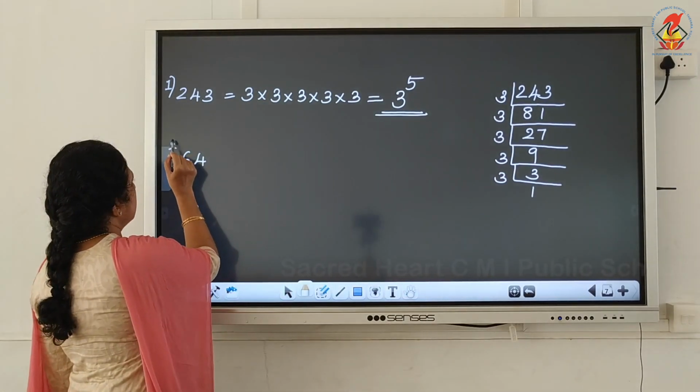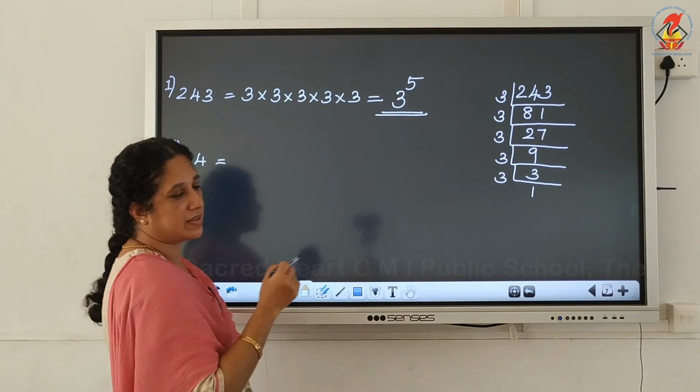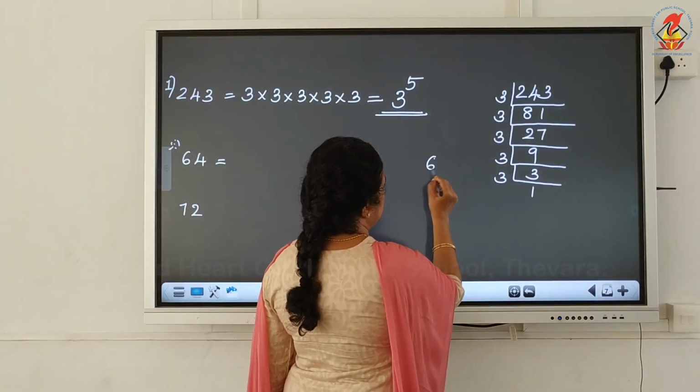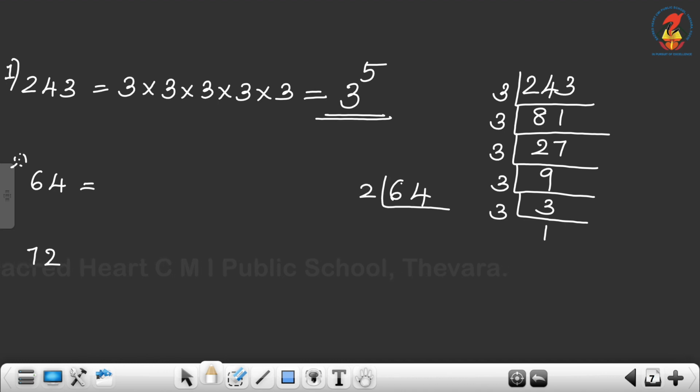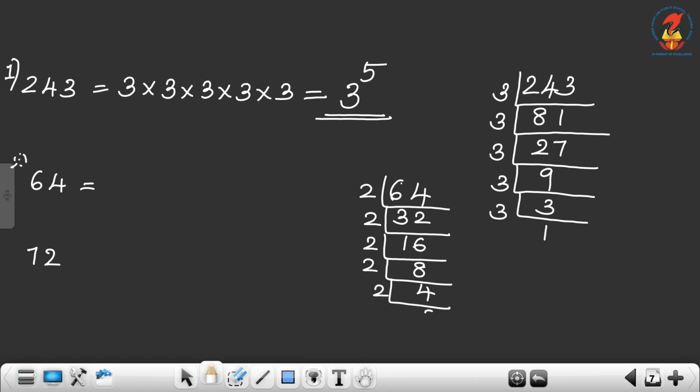Now the second one, 64. Then you factorize 64. 2 threes are 6, 2 twos are 4. 32 is an even number, so we can start with 2, then again 16, again with 2, 8, 2 fours are 8, again 2, 2 twos are 4, again with 2, 1. Now here 2 is repeated 1, 2, 3, 4, 5, 6 times.